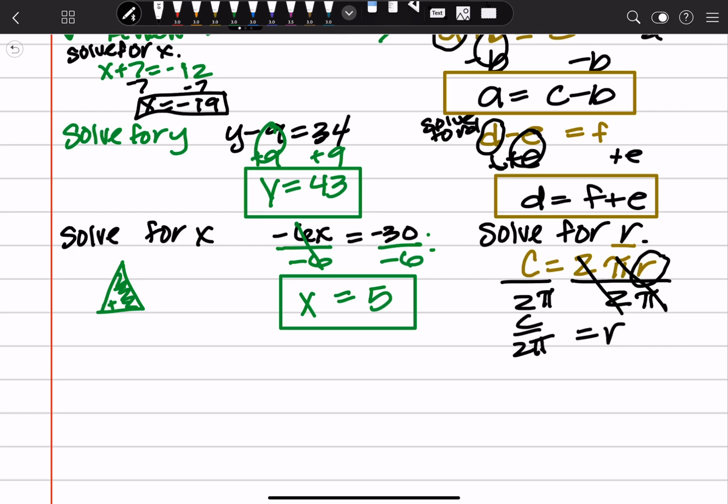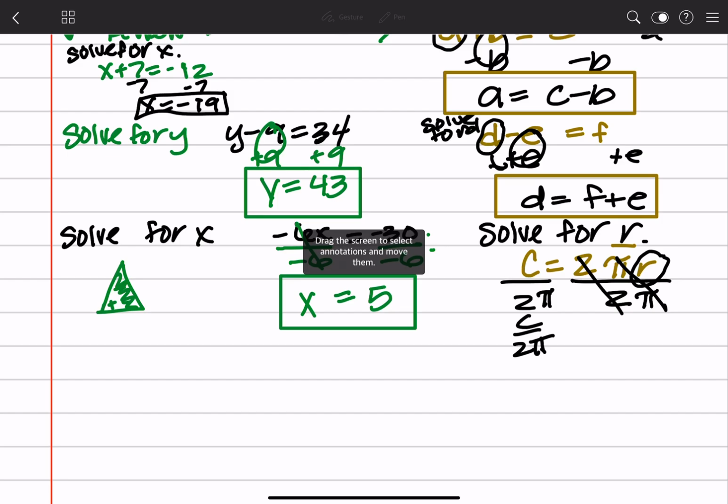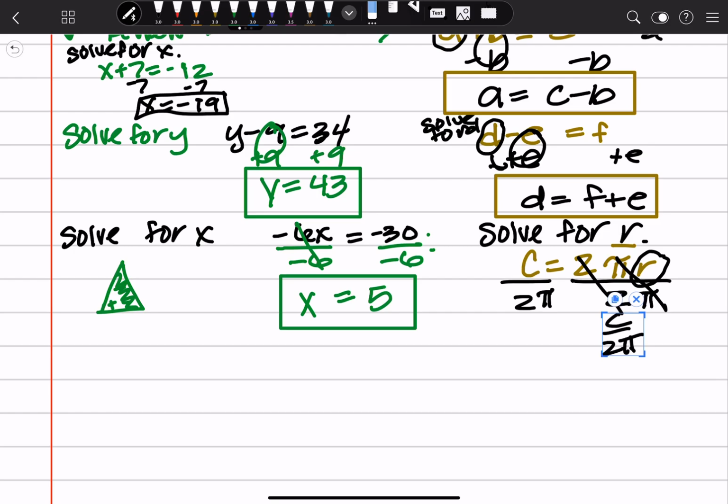Well, instead of writing it this way, I like to have it that whatever variable they're asking us to solve for, we write it up front. So what I'm going to do is I'm going to move this over, and I'm going to write r equals C over 2 pi.